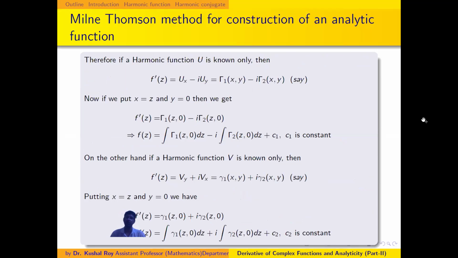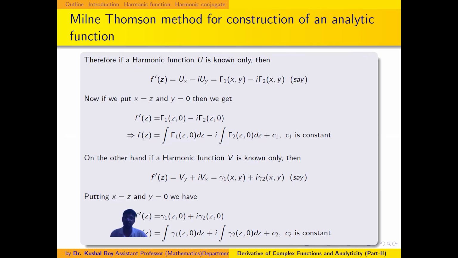Now, the Milne-Thomson method for construction of an analytic function. If a harmonic function u is known, then we can find the harmonic conjugate, and thus we can form an analytic function in a simply connected domain. So how can we form it? If you are given any harmonic function u, let us first find ux and uy.